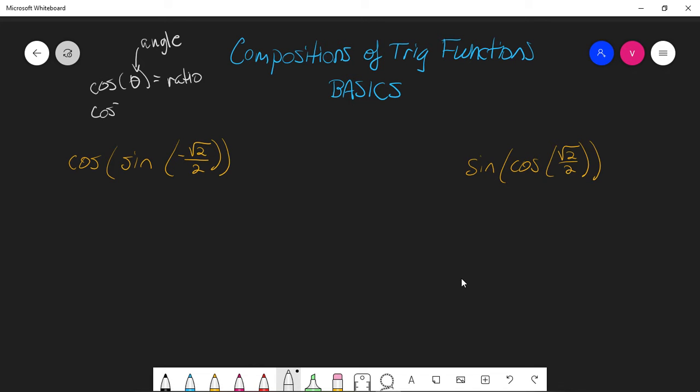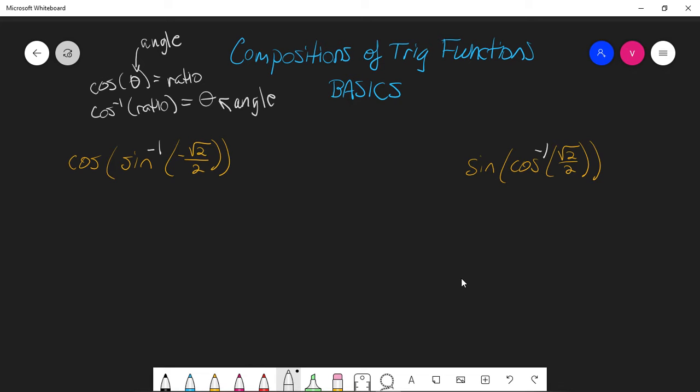So the cosine inverse of the ratio, still the same ratio, adjacent over hypotenuse, is equal to theta, which is the angle. Okay, so you need to be very careful when you're doing these compositions because, and I forgot to write the inverse on all of these here, we're mixing regular trig functions with their inverses.